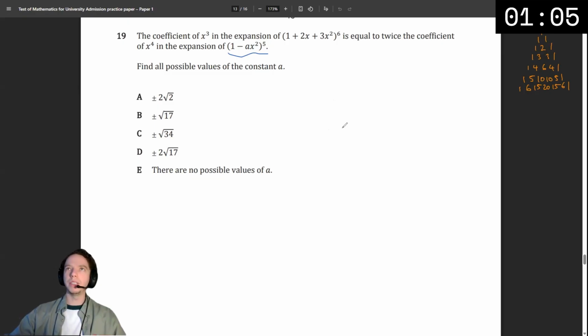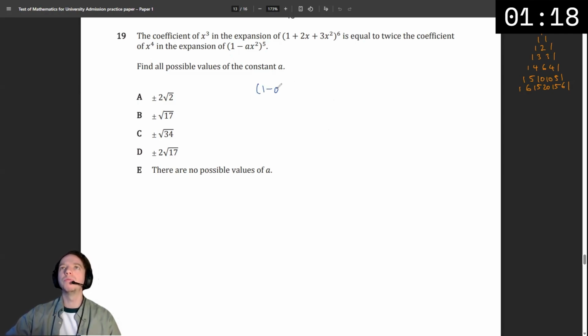It's just a lot easier. We're interested in the x to the 4 coefficient. You could find that directly, without doing any sort of full expansion. But let me just give you the first few terms so it's a little bit clearer. So the first term is just 1, right?